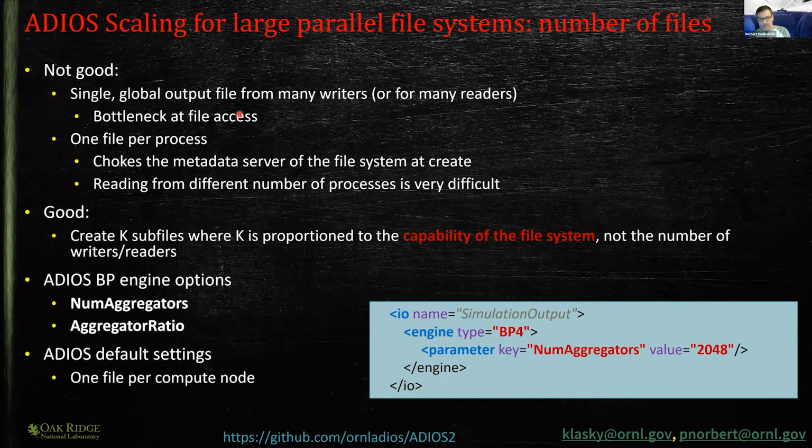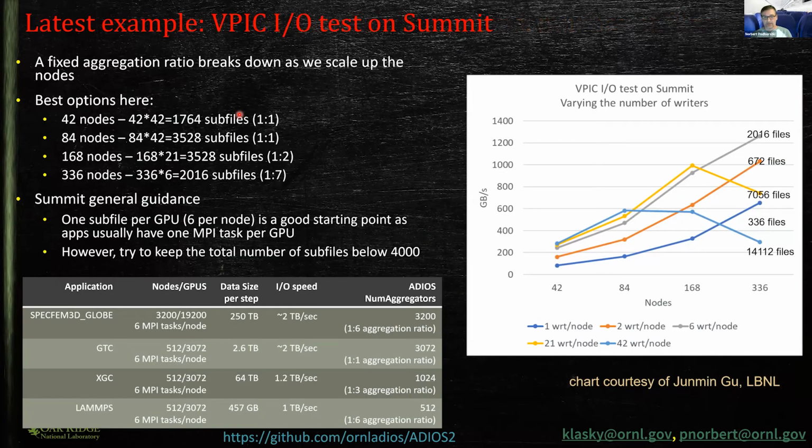Right, so one of my colleagues from Berkeley did a test with Vorpx, and the ADIOS default mode now is it just picks one writer per compute node. So even though in this test there are 42 processes per node, and for some reason she did 42 nodes, so 42 by 42 processes, that means the ADIOS engines implement an aggregation where 42 processes will give the data to only one selected process, and that process is going to write one file.